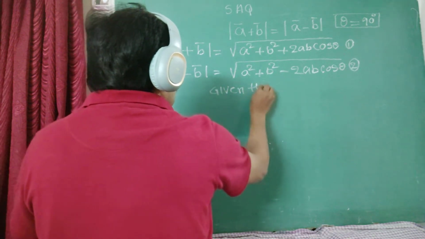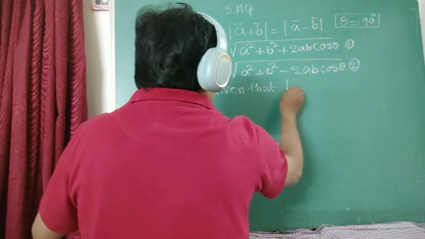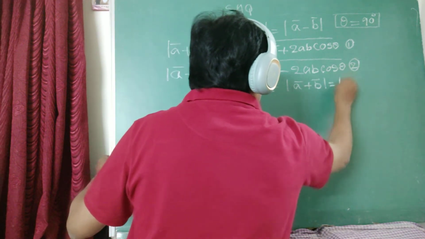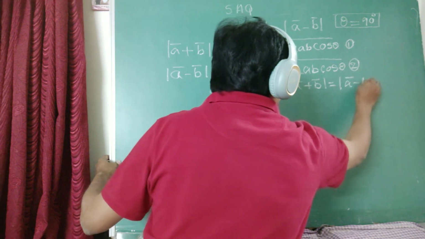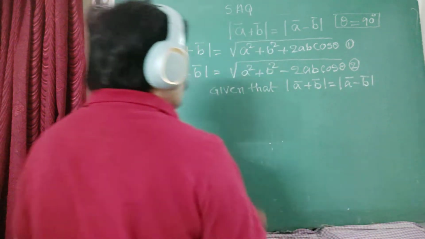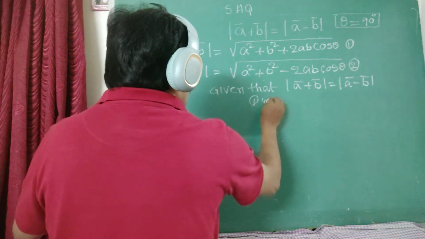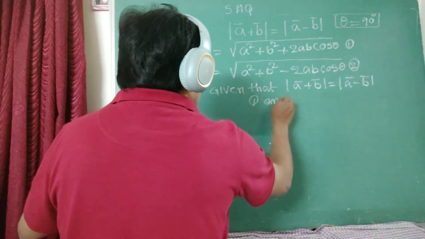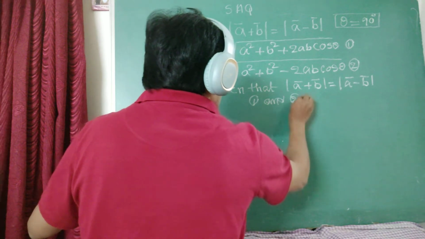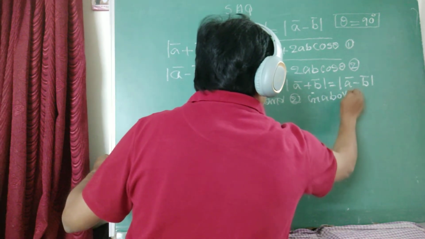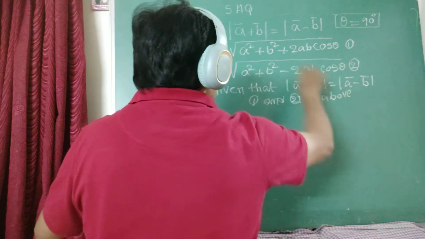What is given is that magnitude of a bar plus b bar equals magnitude of a bar minus b bar. Substitute the values of 1 and 2 in the above. Where are you substituting these two values?